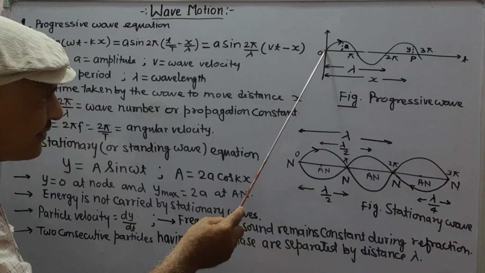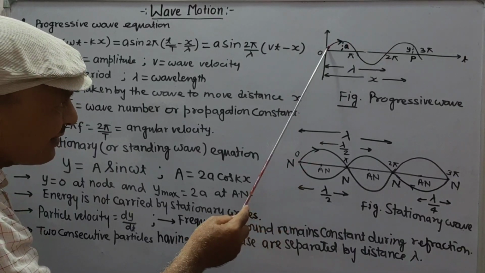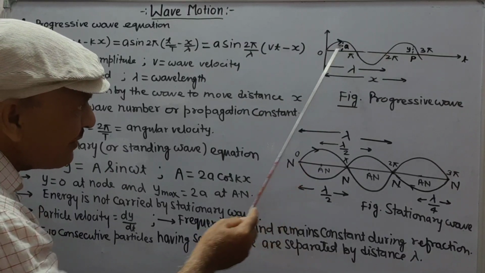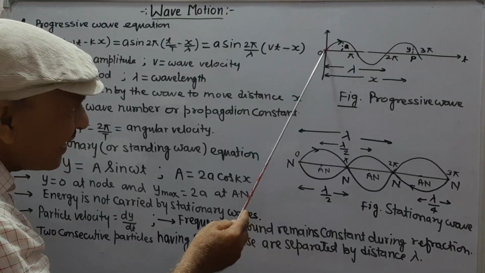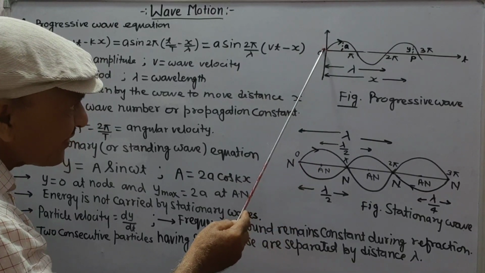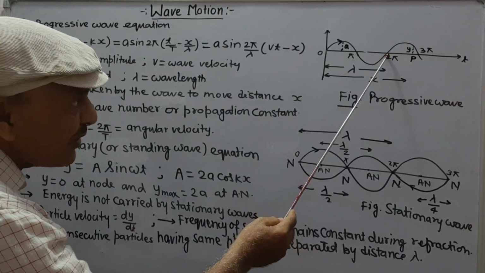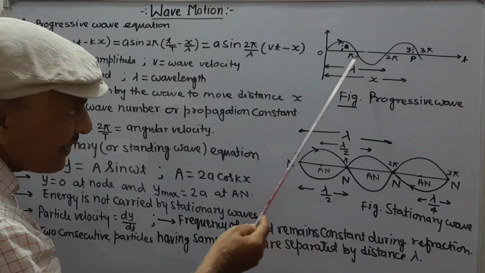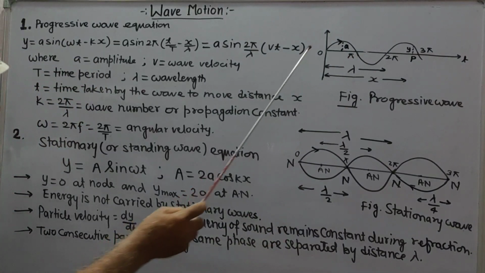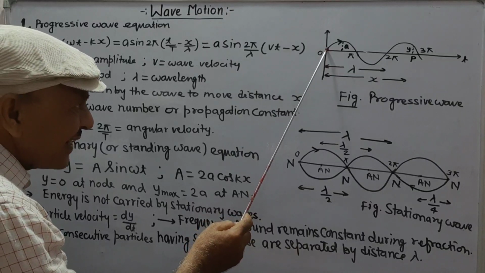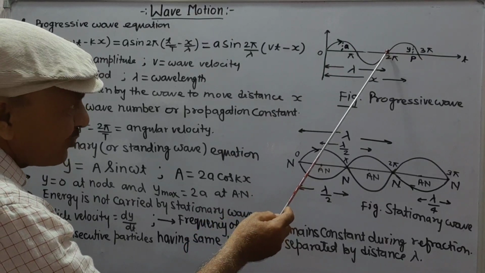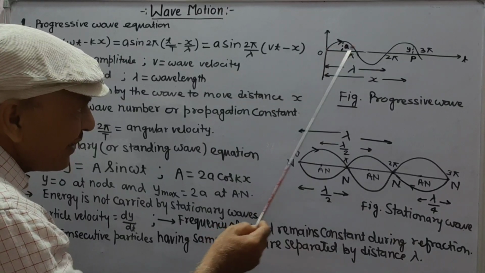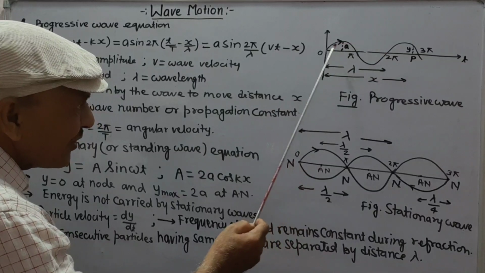Here, the particles at this point and this point will be in the same phase and are spaced by distance lambda, because sin 0 is equal to sin 2 pi is equal to 0, cos 0 is equal to cos 2 pi is equal to plus 1.